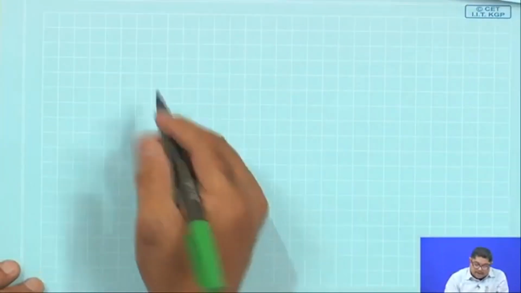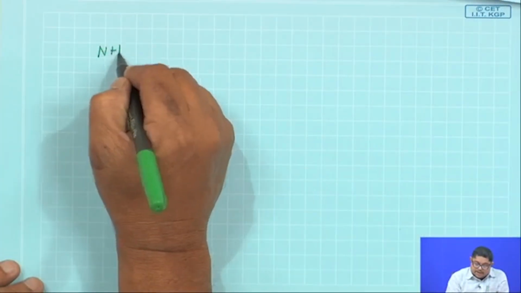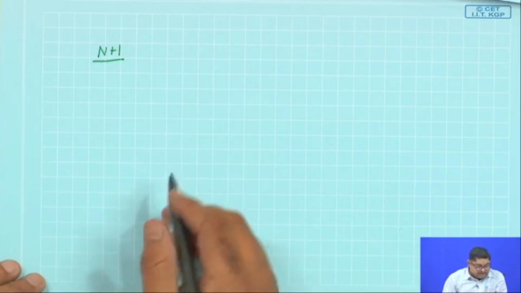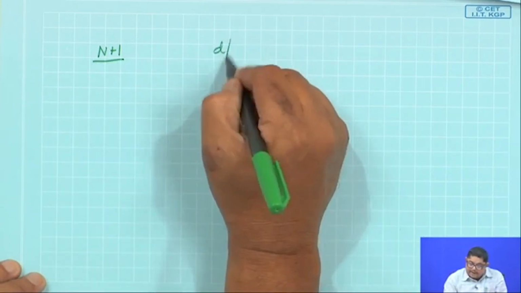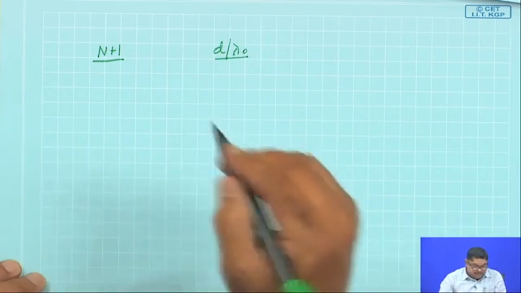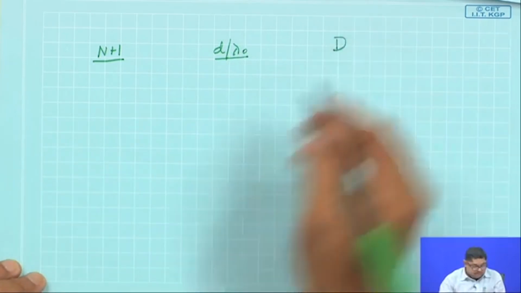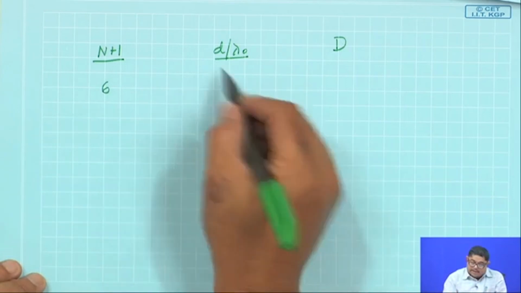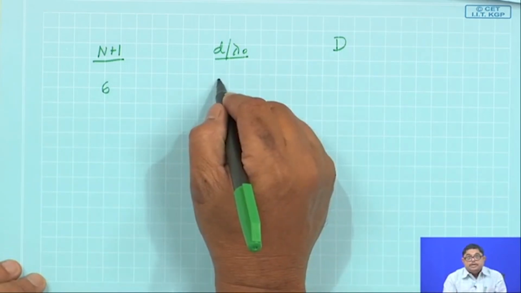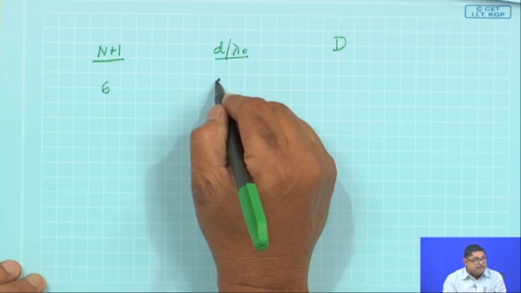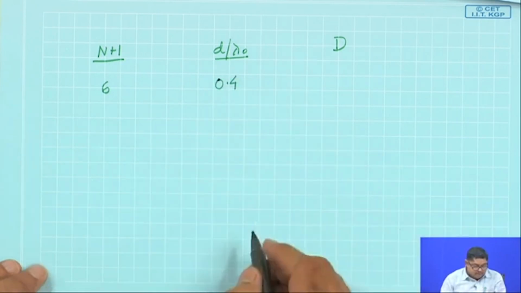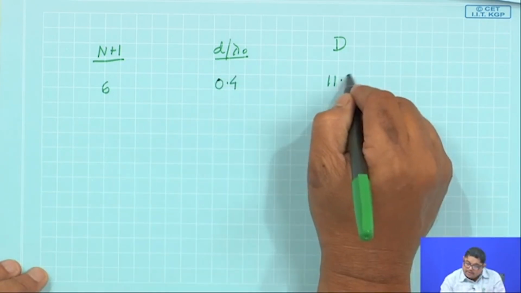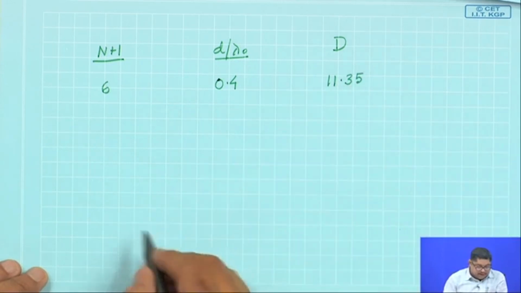So, people have tabulated this, and suppose I take the number of elements, you have d by lambda naught, and what is the absolute value of directivity? Typically, let us take 6, d by lambda naught. Obviously, to avoid grating lobes this should be less than 0.5, let us take 0.4. This value turns out to be 11.35.